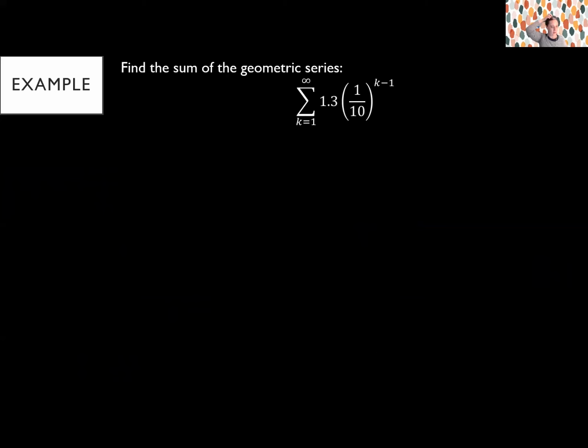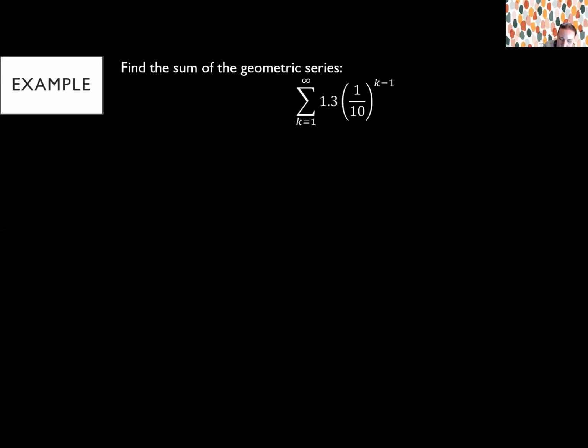So I want to do this one because this is the alternate form of the geometric series, where we don't start at 0, but we start at 1. But the formula still works as long as the exponent is k minus 1. If you were starting at 1 and your exponent was k, you can't use the formula because it's not in the right form.